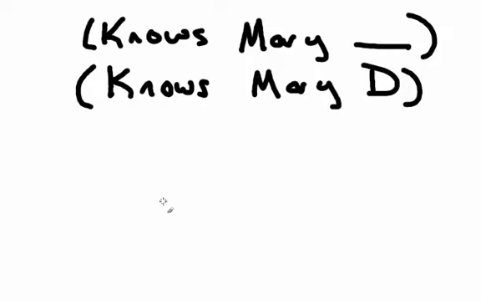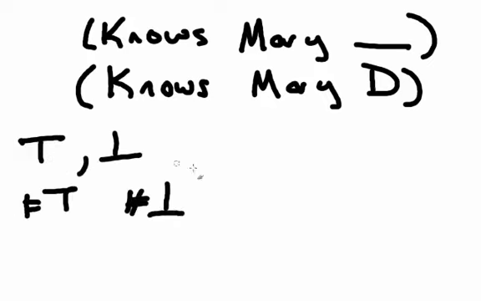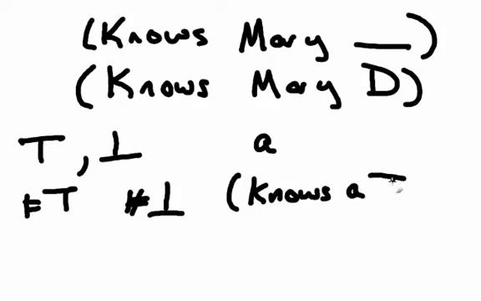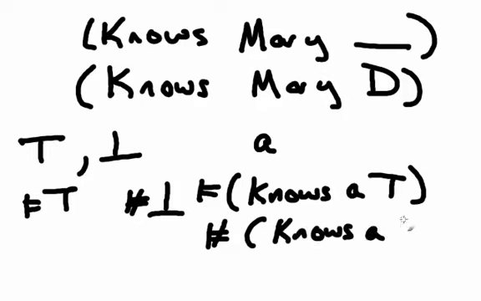Now let's make a few basic assumptions about this knows predicate. First, let's assume that there's a true proposition and a false proposition, and that in every interpretation the true proposition will hold and the false proposition will not. Now furthermore, let's assume that every agent A knows true and every agent A does not know false.